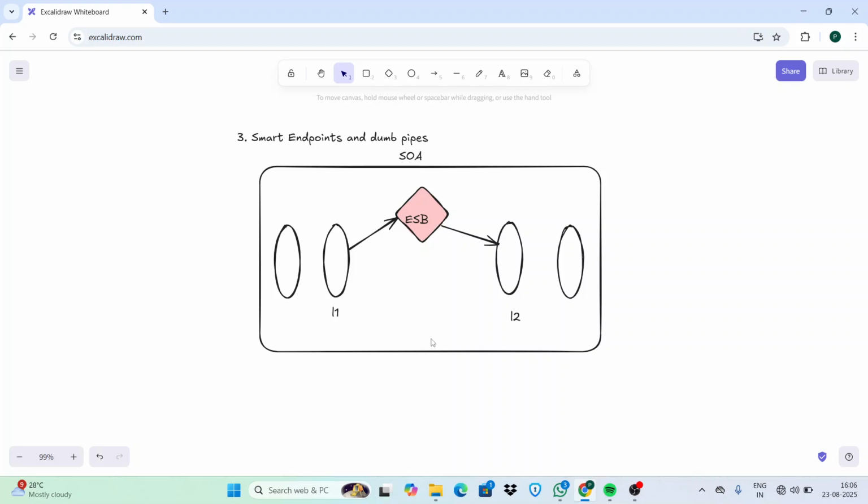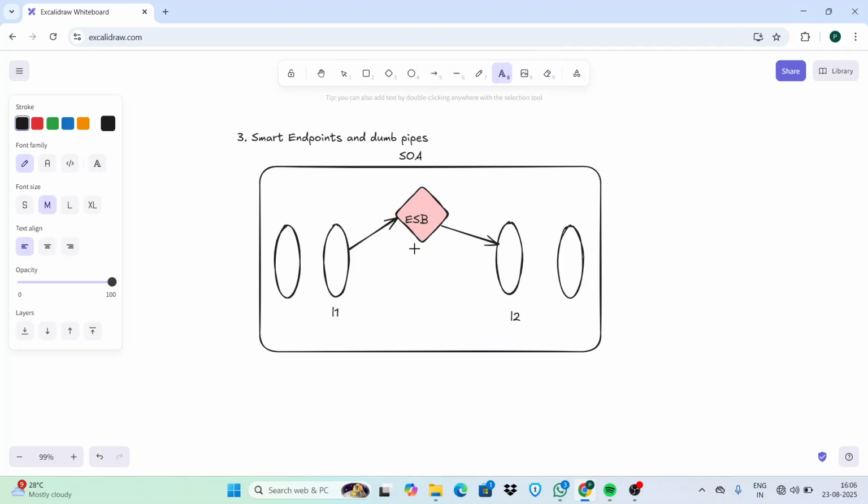So in SOA architecture, the enterprise service bus contains some business logic also.